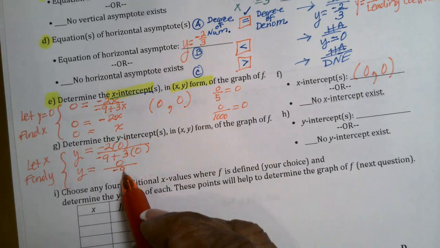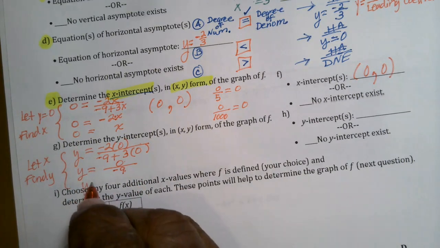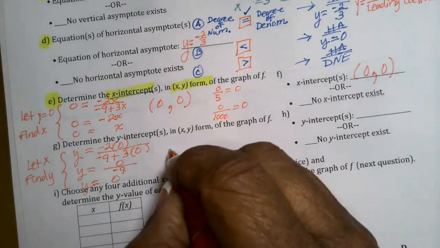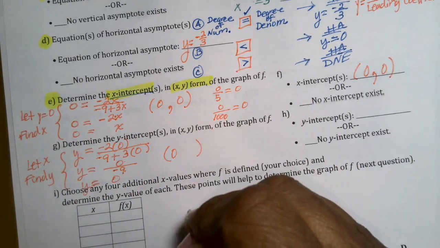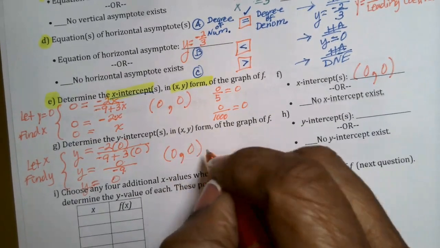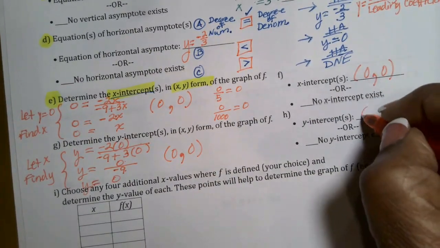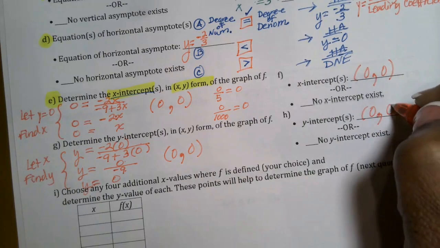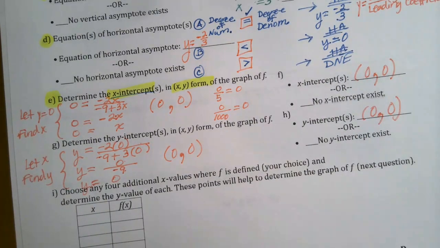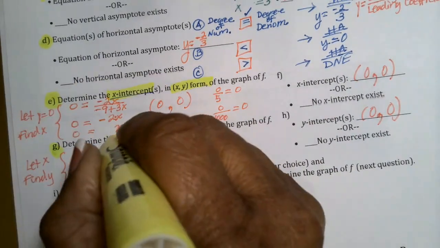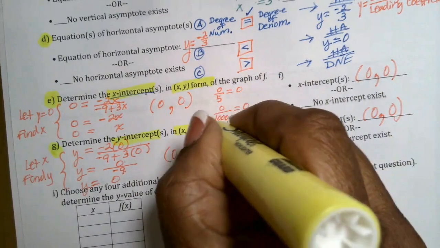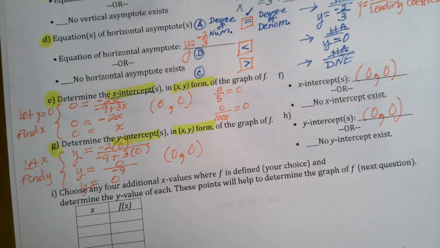And then 0 divided by any number is still 0. So we let x equal 0 this time, and we got an output of y equals 0 as well. So we're going to list the y-intercept as 0. So that is part E. G. We found the y-intercept in ordered pair format.